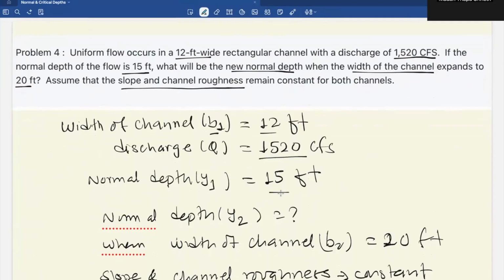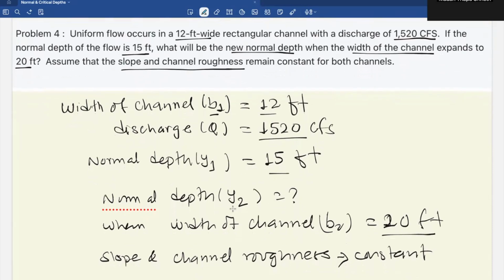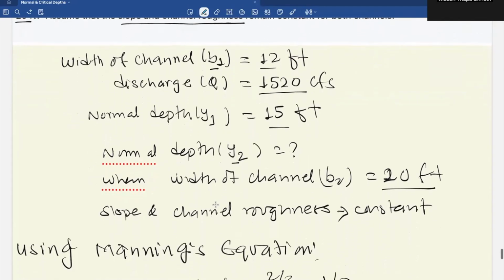And after the channel expands, it became 20 feet in width. So we need to find the new normal depth, that is y2. And here the question asks us to assume slope and channel roughness as constant for both channels.